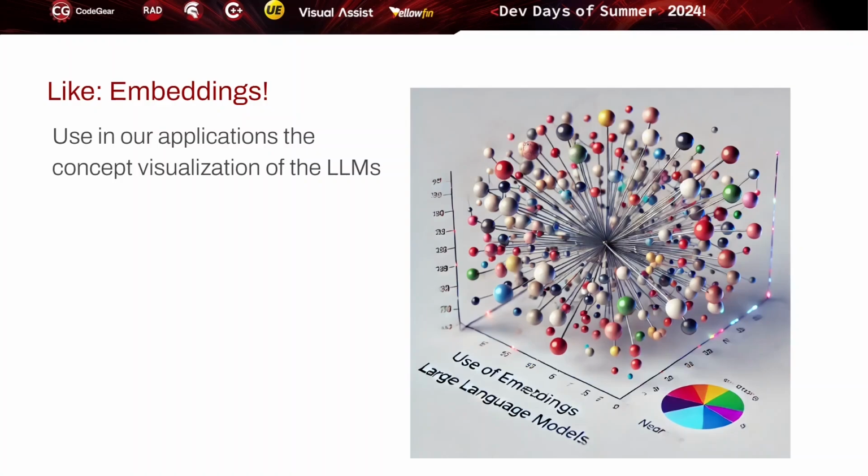When we train the LLM, here we have a visual representation. Every concept that we put inside our LLMs, like Gemini or ChatGPT or Claude, is like a vector inside a 3D space.